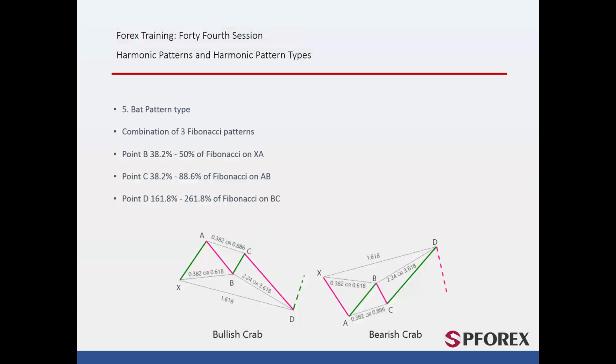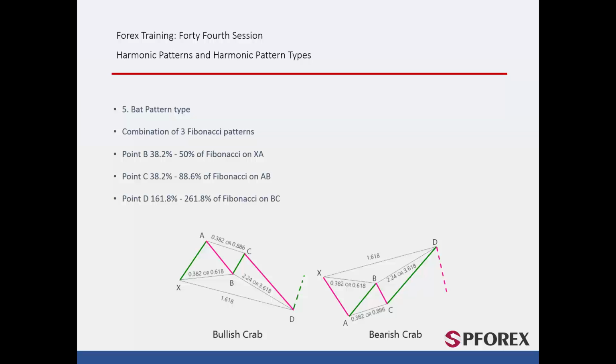The last type of harmonic pattern studied in this session is the crab pattern. The first swing is from X to A, followed by an AB swing on the region between 38.2% and 61.8% of XA. The BC swing, with opposite direction to AB, is in the area between 38.2% and 88.6% of AB.